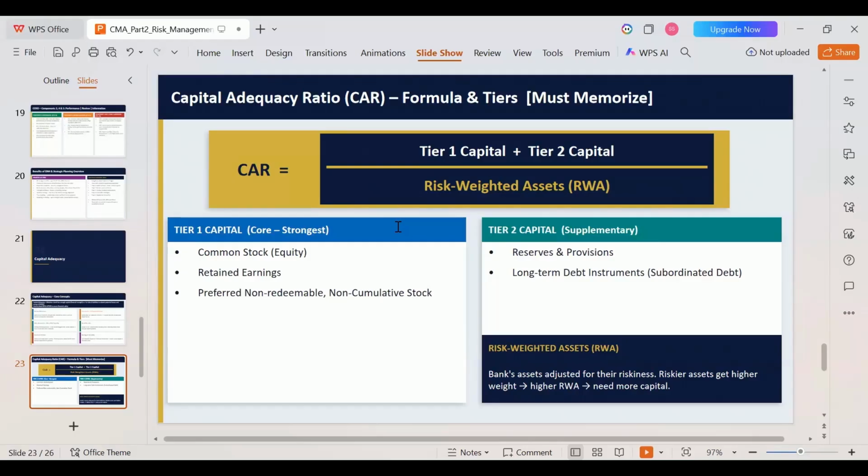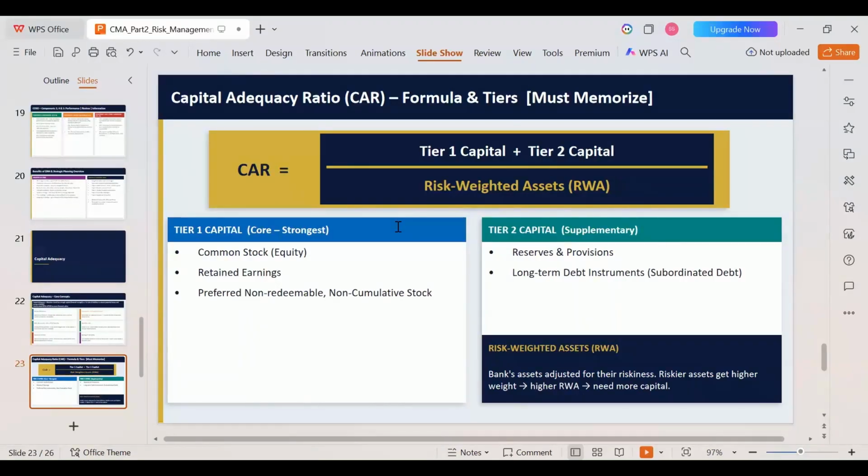So divided by risk-weighted assets. Risk-weighted assets in the sense, banks usually give loans to people. Okay, so I'll take two examples. The banks will be giving some personal loans and credit cards. Credit cards have the highest risk. Many people can default on their credit cards easily, and personal loans also have risk, but not as much as credit cards. So for these risk weighted assets, they will have to find out the risk percentage.